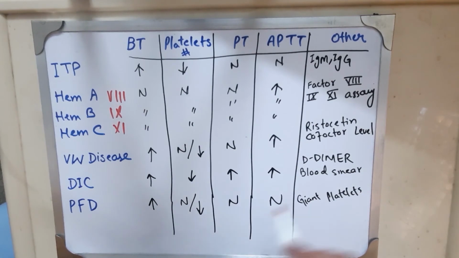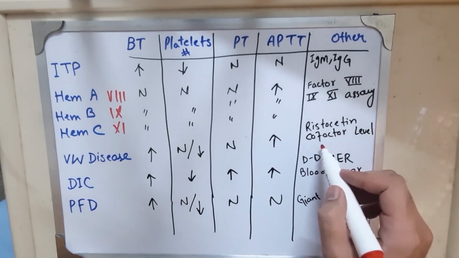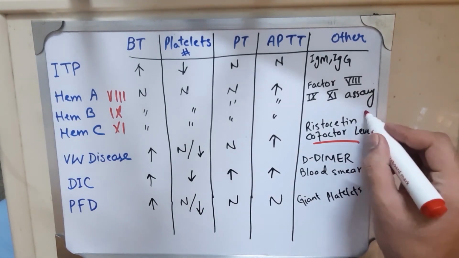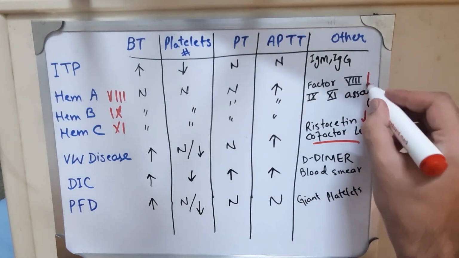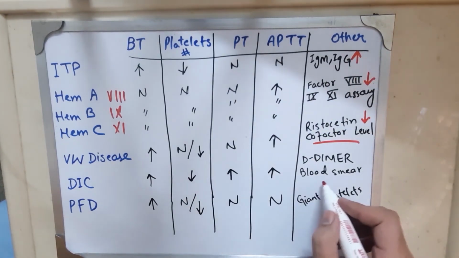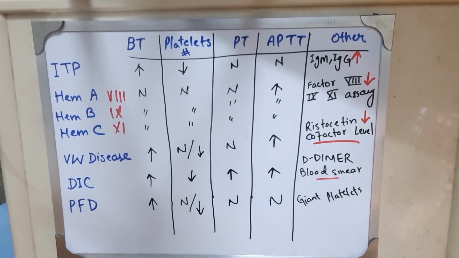For von Willebrand disease, ristocetin cofactor levels can be assessed in blood. These are low. For DIC, blood smear shows microangiopathic changes in RBCs. For platelet function disorders, giant platelets are present in the blood in case of Bernard-Soulier syndrome.